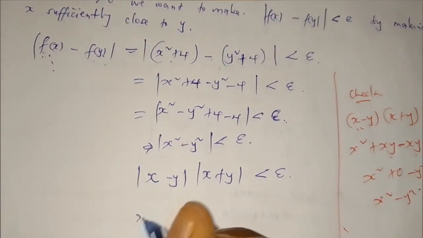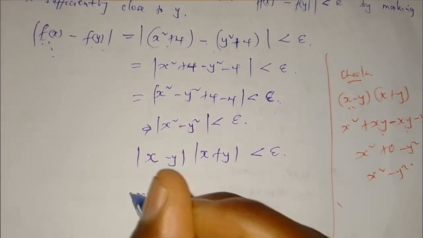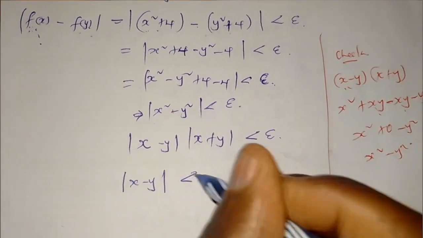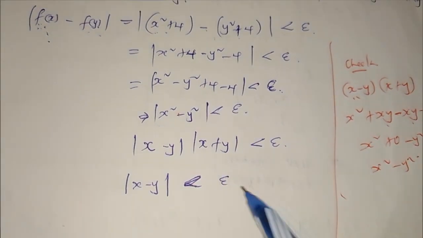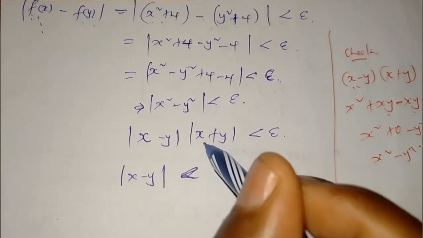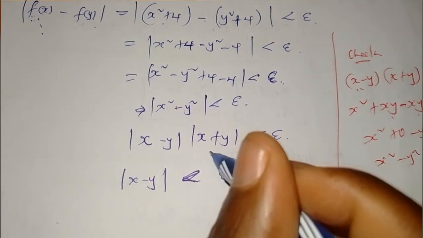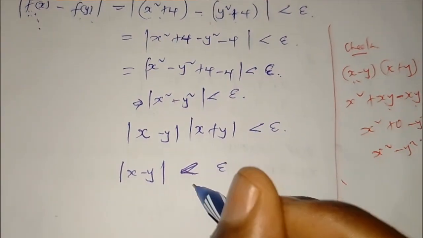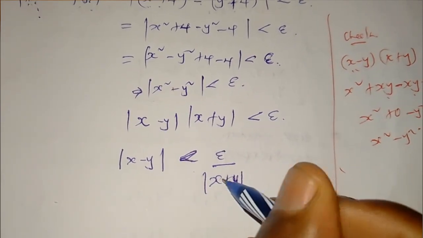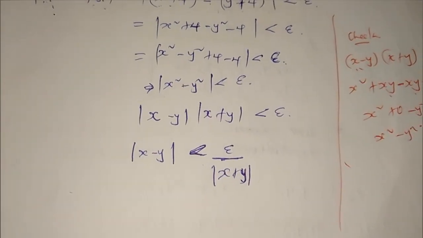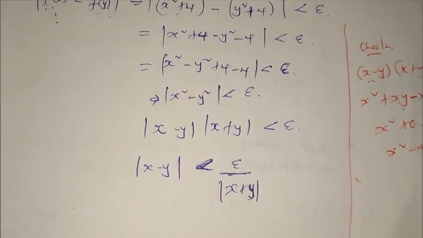So |x minus y| is less than epsilon, but now we divide both sides by |x plus y|. Hope you understand.